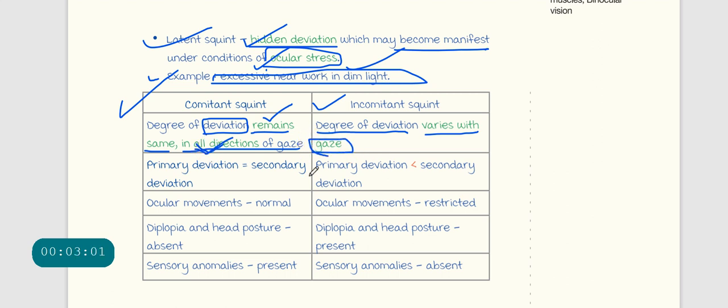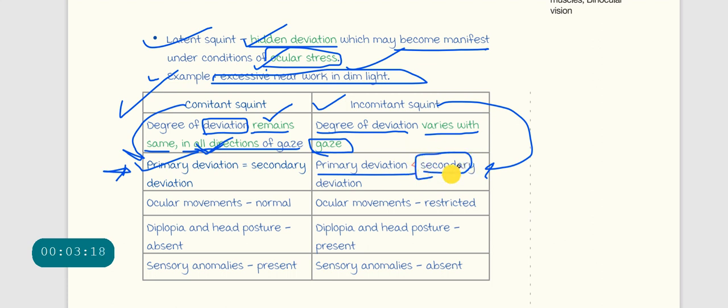The important point is that primary deviation is equal to secondary deviation in comitant, and in incomitant the primary deviation is lesser than the secondary one. Remember this, students, very important point. The ocular movement in comitant is normal and in incomitant it is restricted.